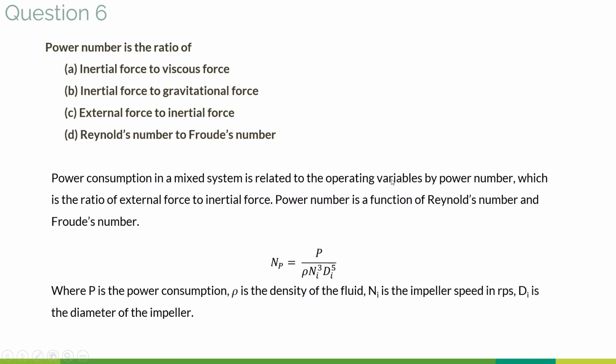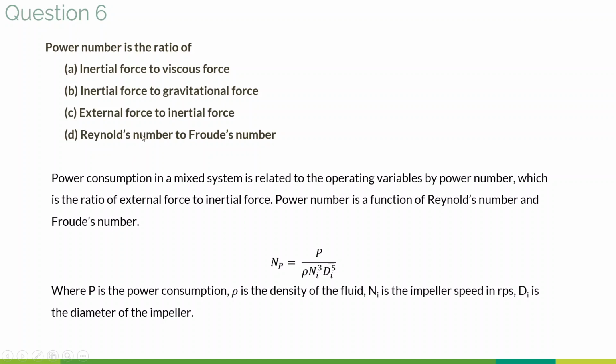And when I mean operating variables, those include the properties of the fluid such as viscosity, density, and the other operating variables such as the impeller speed, the impeller diameter, and so on. So it relates the power consumption to the operating variables with the help of a dimensionless number known as the power number, and this power number is the ratio of external force to inertial force, and this power number is a function of Reynolds number and Froude's number.